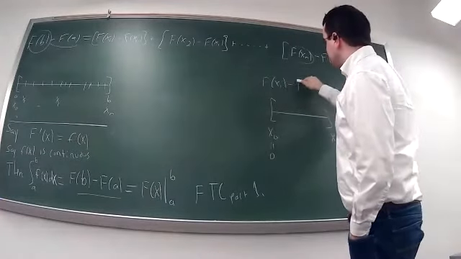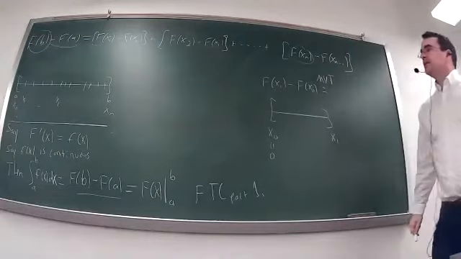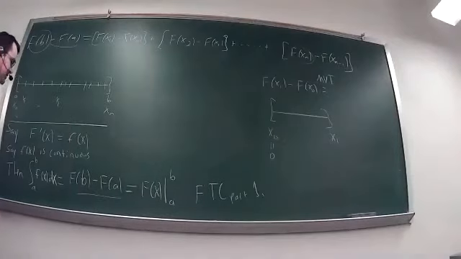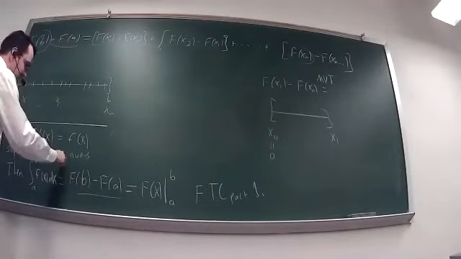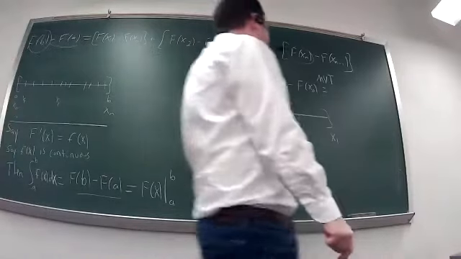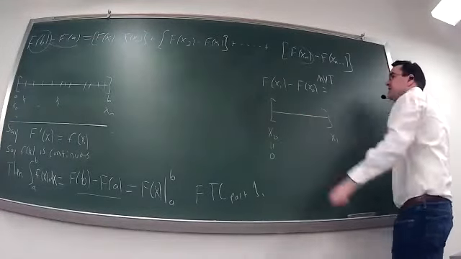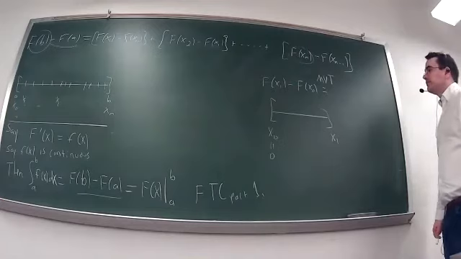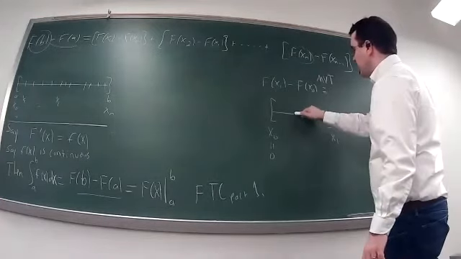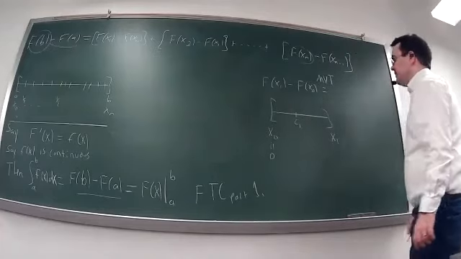And if you remember what the mean value theorem says, it says that if you've got a function that's differentiable and whose derivative is continuous, then if you take the difference at the endpoints here, there has to be some point in the middle, and let's call it c1. I mean, it doesn't have to be right in the middle.